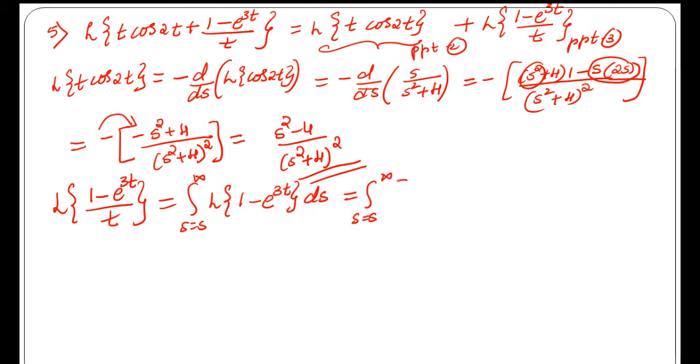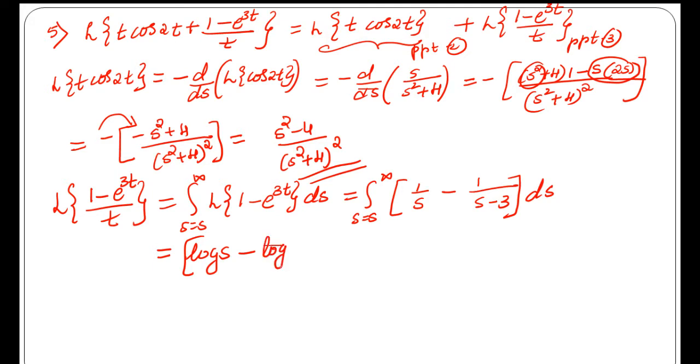That is integration from s to infinity of the Laplace transform of 1, which is 1 by s, minus the Laplace transform of e power at, which is 1 by s minus a, a is 3 here, with respect to s. That is integration of 1 by s is log s, minus integration of 1 by s minus a, which you can write as log of s minus 3.